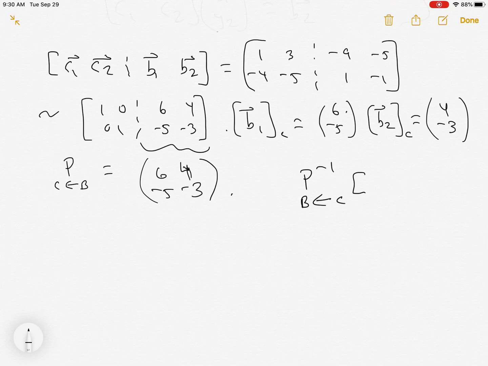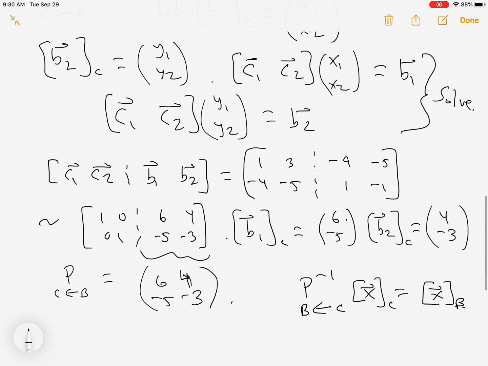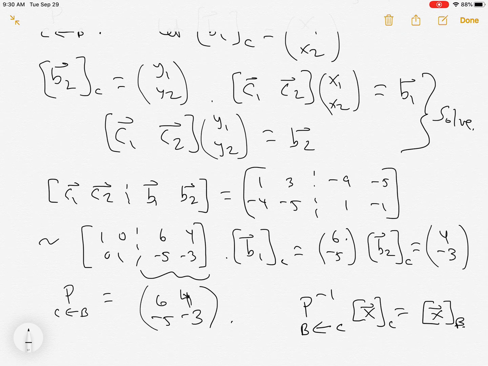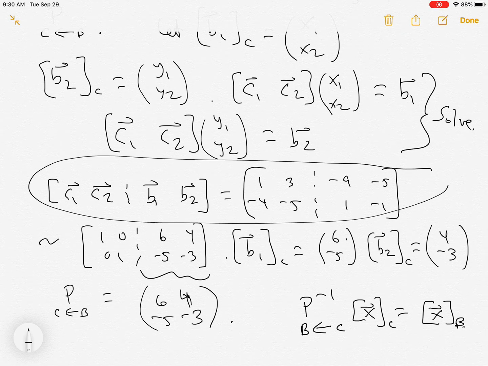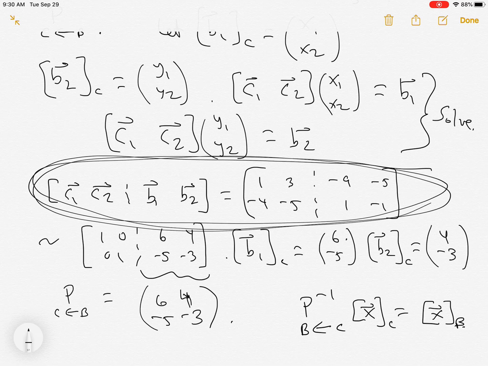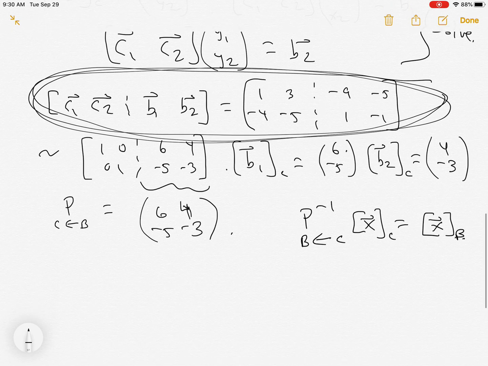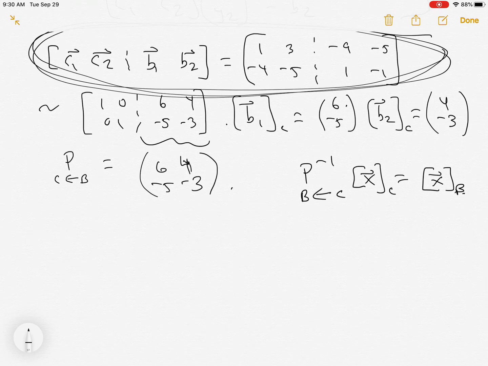So now you're going from C to B. There you go. And basically, at the end of the day, all you're really doing is this matrix stuff here. So it's not a big deal. It gets to be a little more interesting when you start throwing P's around. So, yeah, we'll talk more about this in class when we meet.